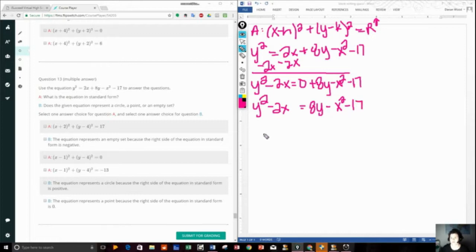So now I'm going to move the 8y over. Since it's positive up there, we're going to subtract. That's the inverse operation.